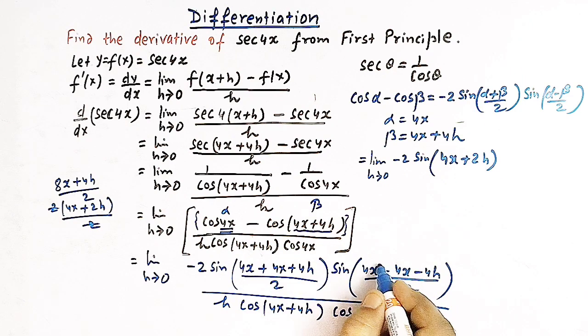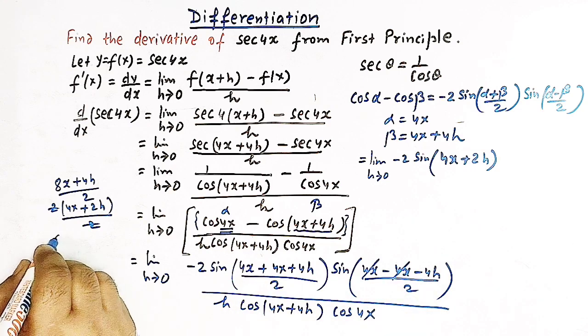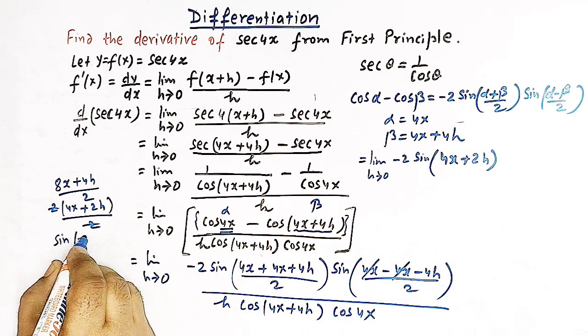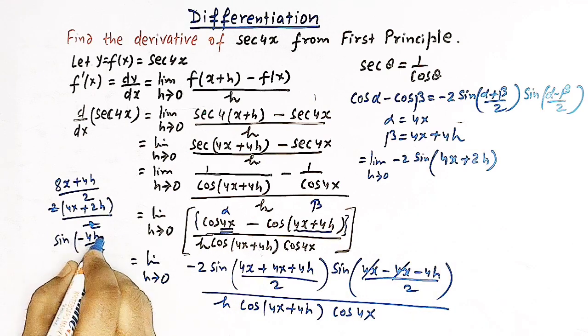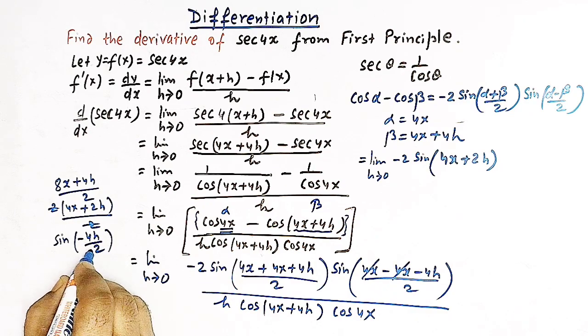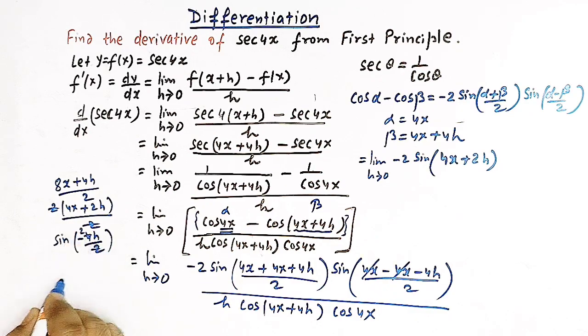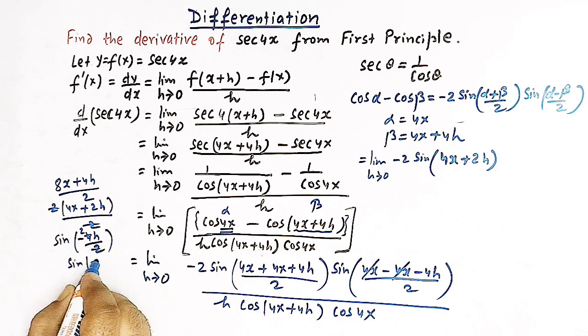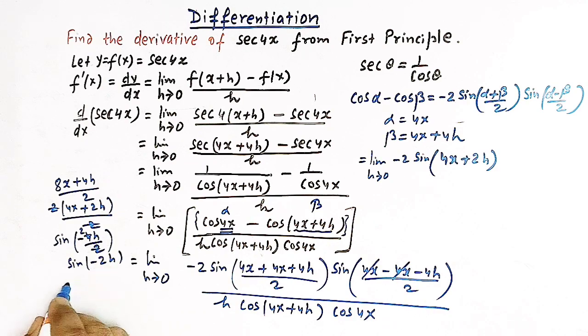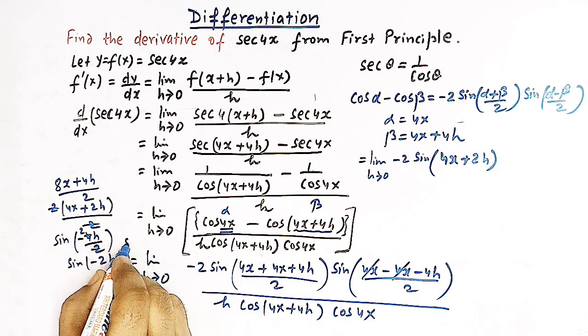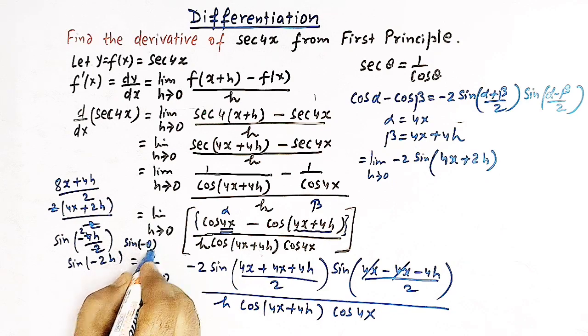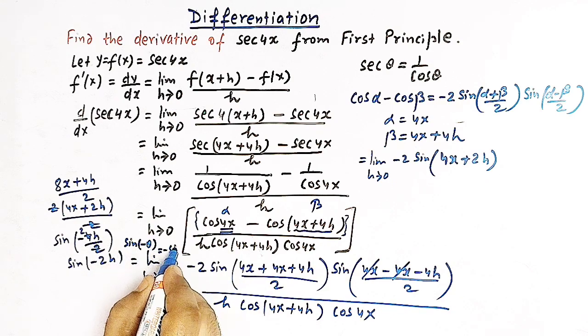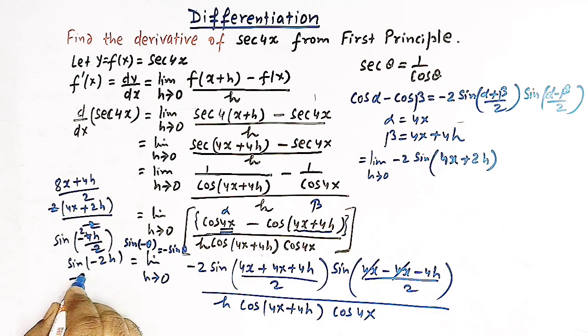And similarly here 4x and 4x get cancelled, so we are left with the sine of minus 4h over 2, right? So 4 over 2 is 2, so we have sine of minus 2h, and from trigonometry we know that sine of minus theta is minus sine theta.